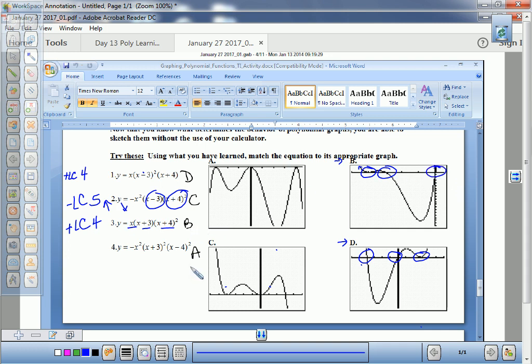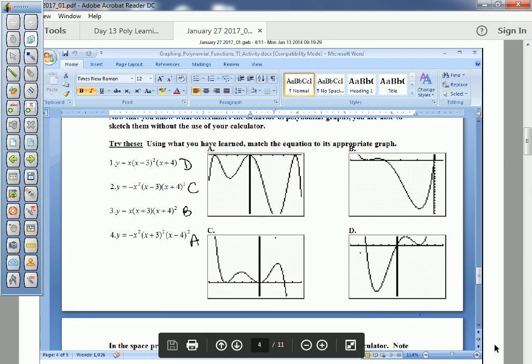This one's B. And so that just leaves A for number 4. This one has a degree of 6 and a negative leading coefficient, so we know the ends are going to fall, and it bounces. It is tangent at -3, at 0, and at +4, and that gives us the 4 there.